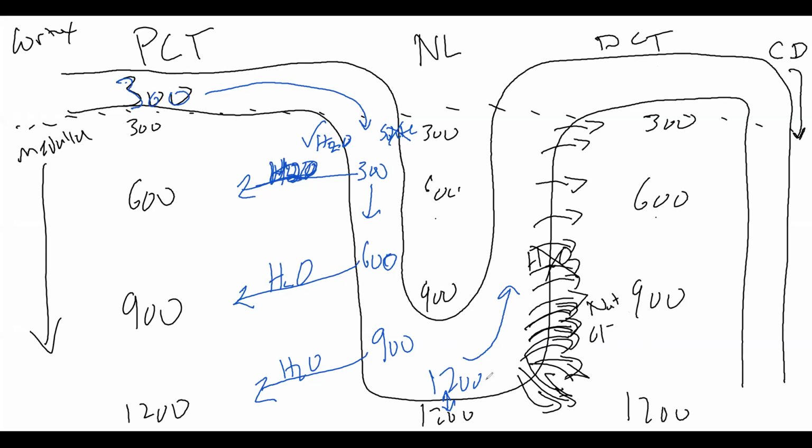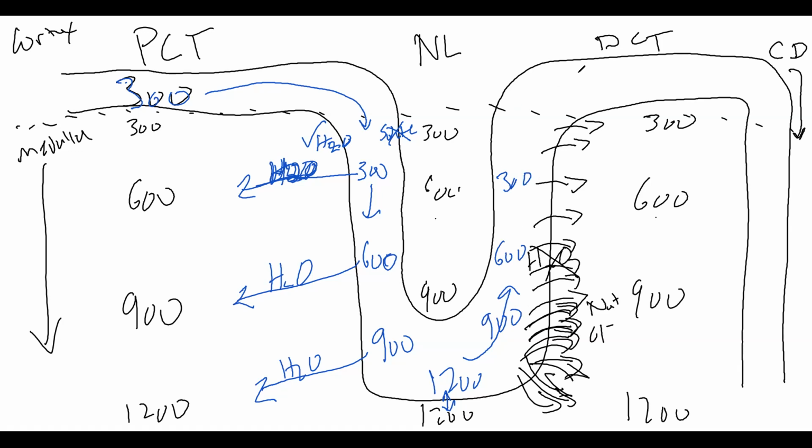Sodium and chloride is pumped out of the fluid. It's reabsorbed, but water is not allowed to move. So that means the volume in the ascending limb remains unchanged, but the osmolarity is going to decrease the higher up you go in the ascending limb because the solute is being pumped out.